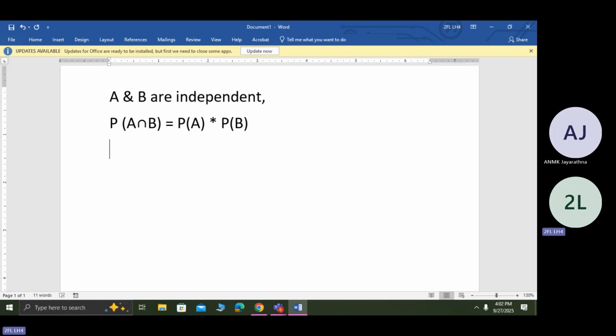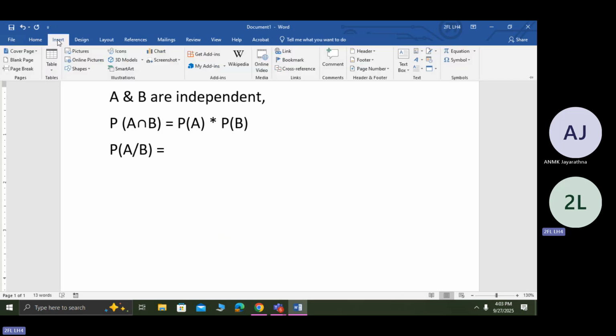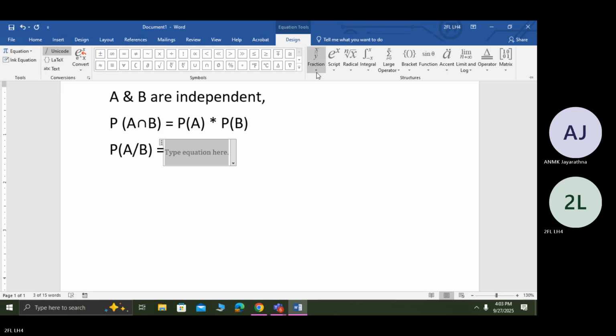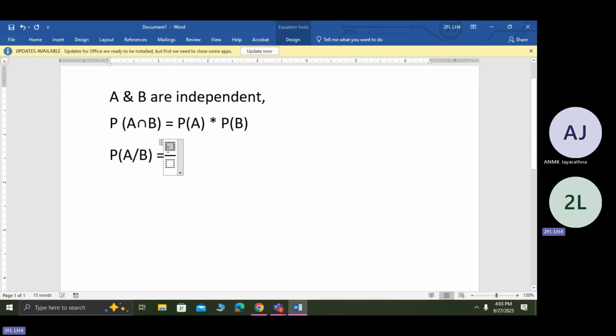Okay. Then another concept here, if the two events are independent, now you studied the conditional probability concept. Remember? Then how do we find the conditional probability value? Numerator represents the intersection of the given two events. Okay? Then here we write down the intersection.